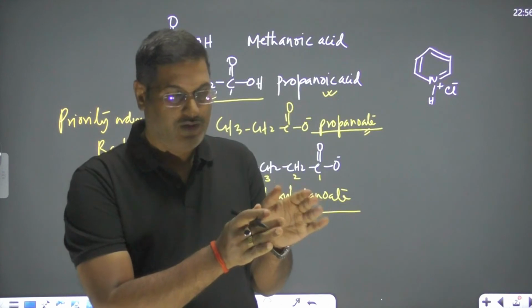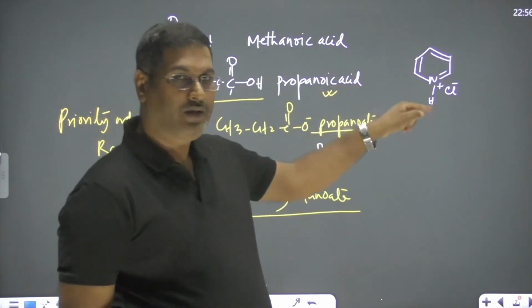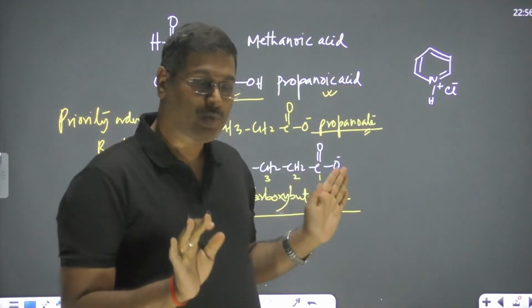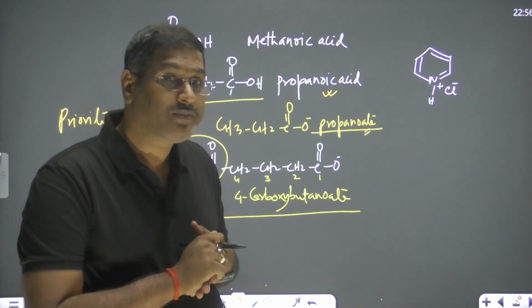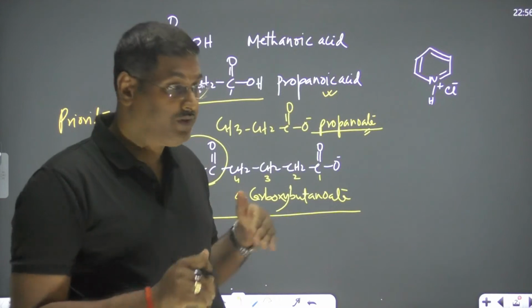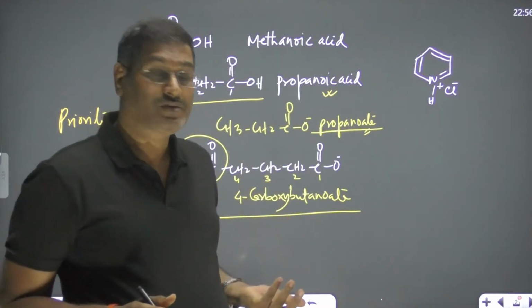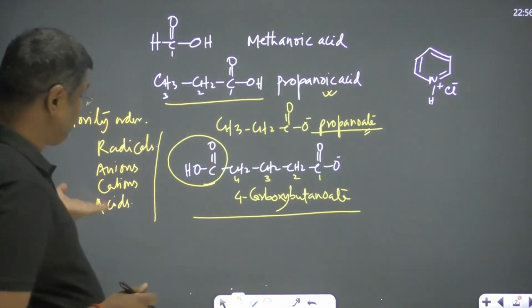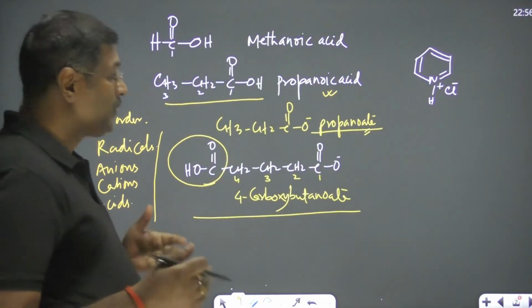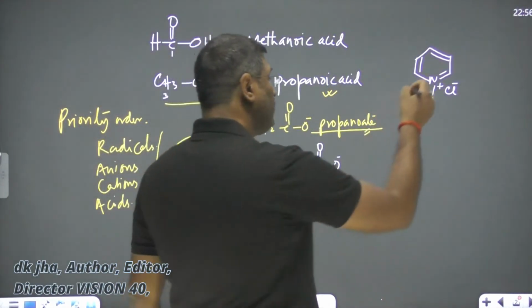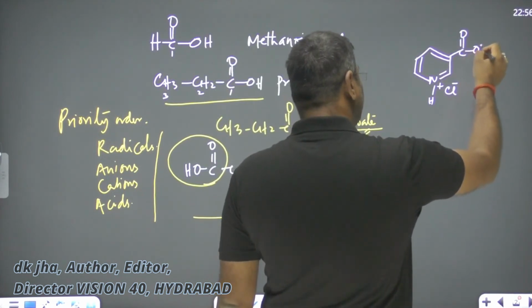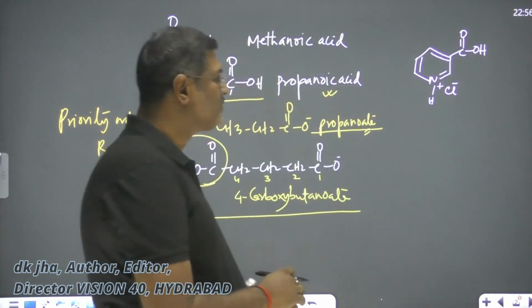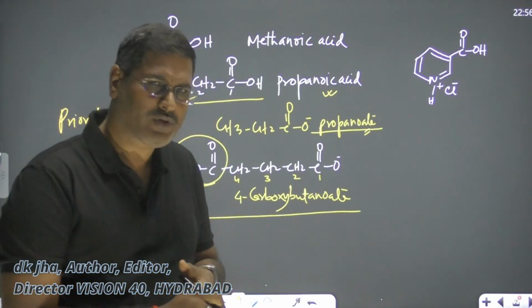Pyridine and HCl react, this one is pyridinium chloride. This one is the cationic species. Here this is considered of much higher priority. Now if COOH group is present in this ring, then how to name this? Yes, COOH is treated as substituent.